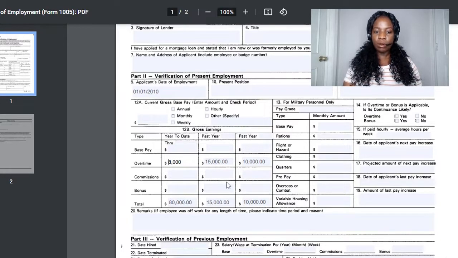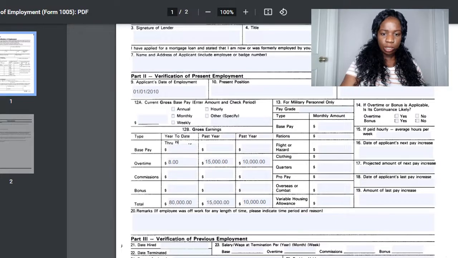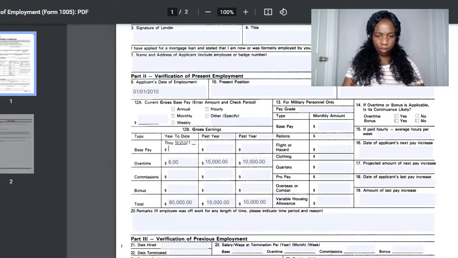Now, when it comes to overtime, commissions, and bonus, in this case we have a borrower. One more thing: the year to date, let's say this is through June 6th of 2021.